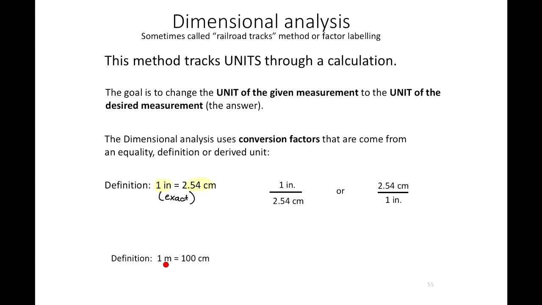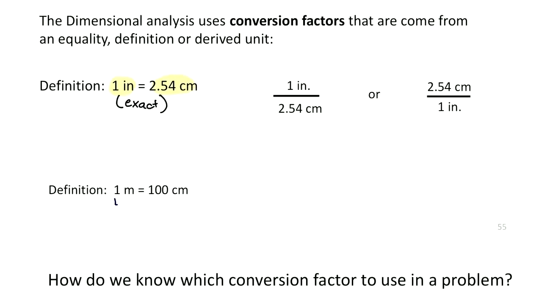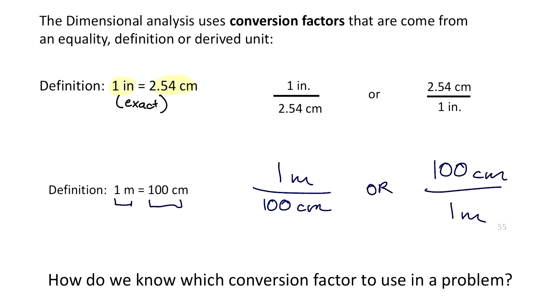So there's one equality. Here's another example. Here's a definition: 1 meter equals 100 centimeters. That's a prefix you need to memorize, but depending on the calculation, you may want to put centimeters on the bottom and 1 meter up top, or you can put 100 centimeters up top and 1 meter on the bottom. It doesn't matter.